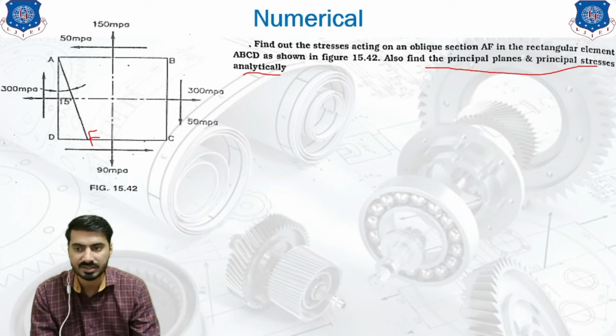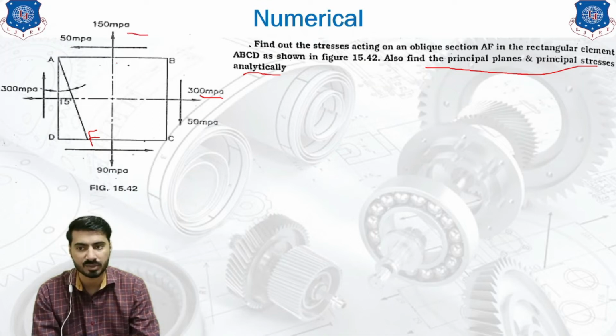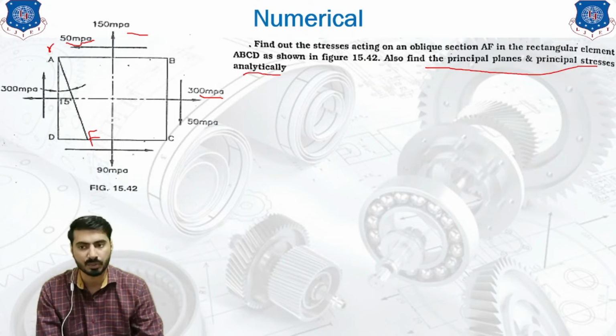So we will consider the given stress values as the sigma 1, sigma 2 values. This will be our sigma 1, this will be our sigma 2. Both are tensile, so both will be taken as positive. This is our shear stress. Shear stress is cornering in this way, that's why shear stress is also positive.